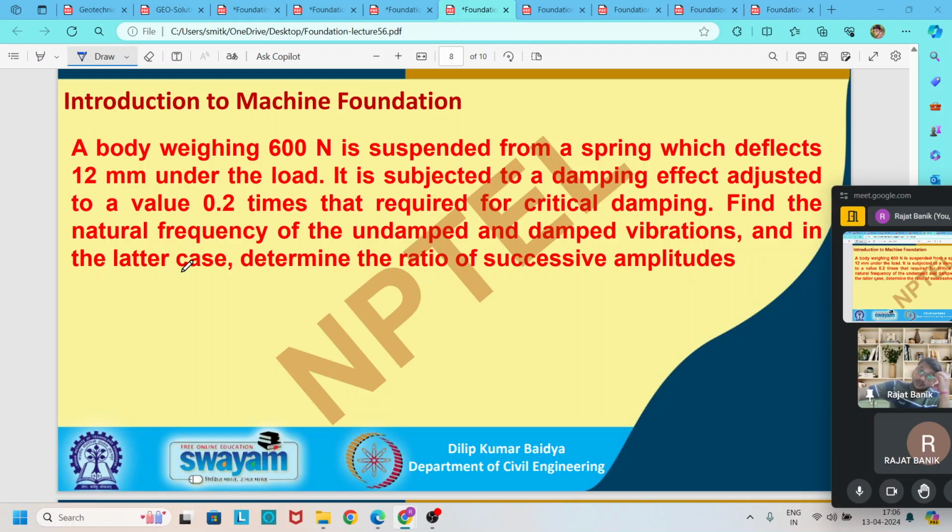It is subjected to a damping effect adjusted to a value of 0.2 times that required for critical damping. Find the natural frequency of the undamped and damped vibration, and in the latter case determine the ratio of the successive amplitudes.